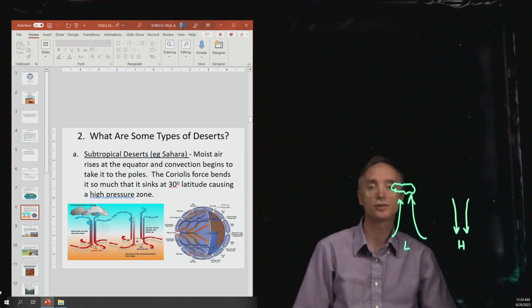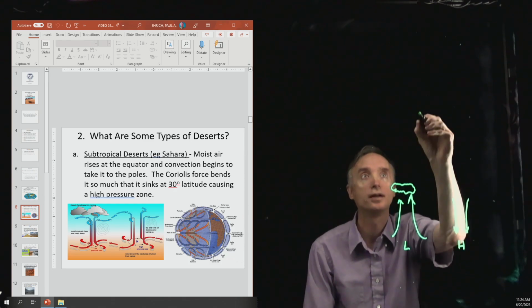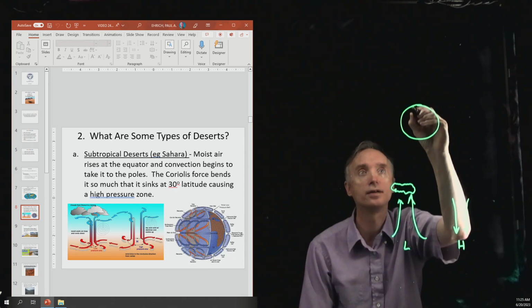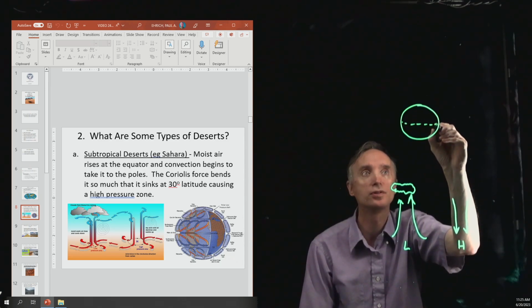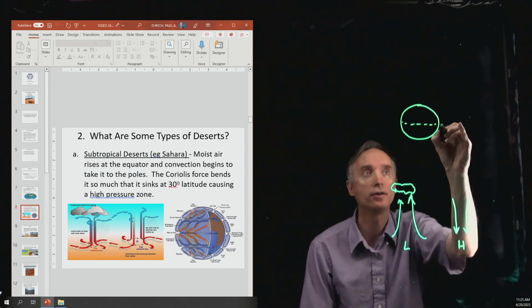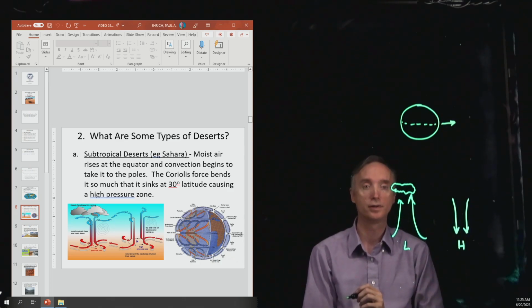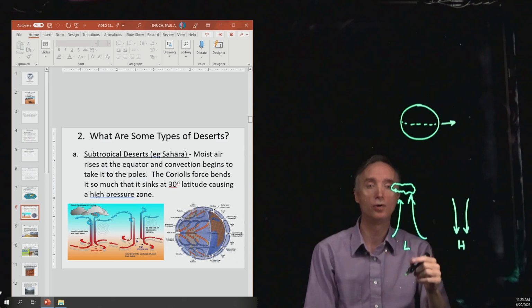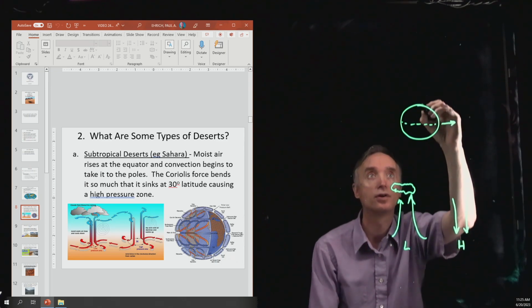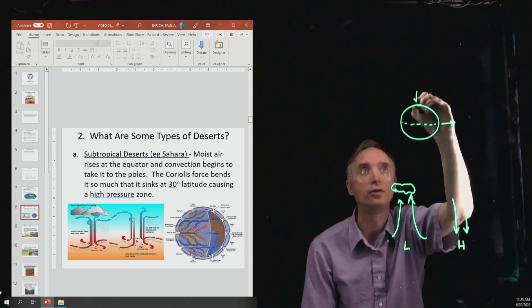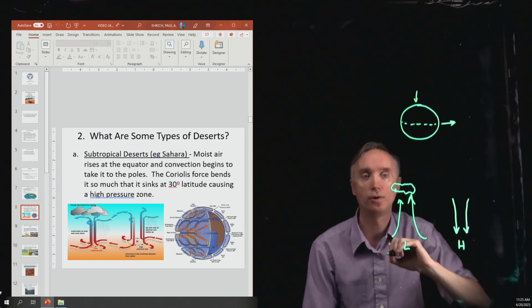So then the next question is, where would these things occur? We talked about the Earth, and the Earth has an equator, which is going to be very hot, so air is naturally going to rise at the equator. It's also very cold at the North Pole, so air is going to tend to fall at the North Pole.